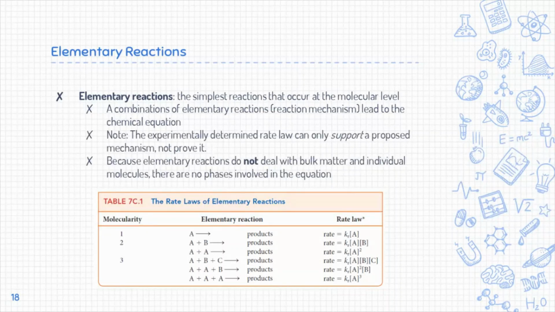There could possibly be another mechanism that gives the same rate law but has different elementary steps. Does that make sense? Any questions?